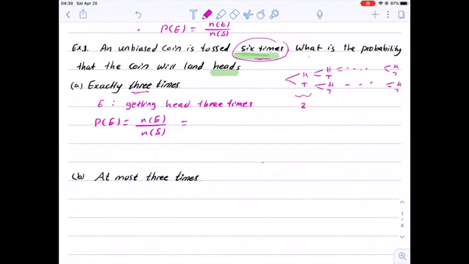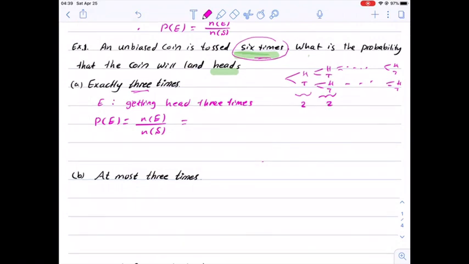So in the first stage we get 2 outcomes, in the second we get 2 outcomes, up to the sixth stage we get 2 outcomes. That means we have 2 to the 6th outcomes. So the number of outcomes of the sample space is 2 to the power 6.